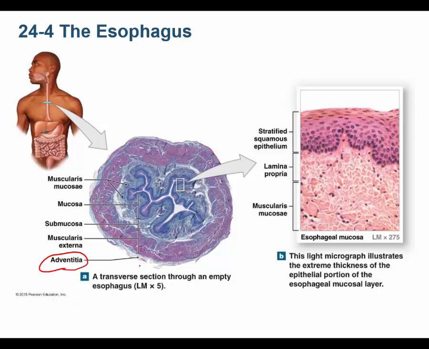This is not the parietal pleura that lines your lungs. This truly is serosa or adventitia because it hasn't entered the abdominal pelvic cavity yet. But these four tunics are still there, and these muscularis externa layers are involved in swallowing. They're smooth muscles involved in swallowing.